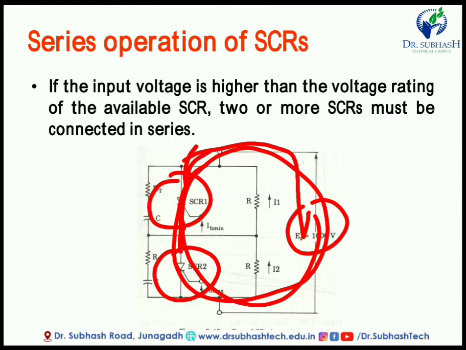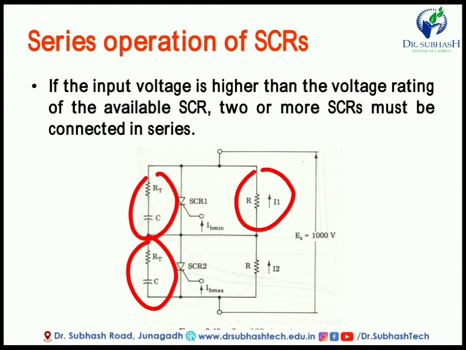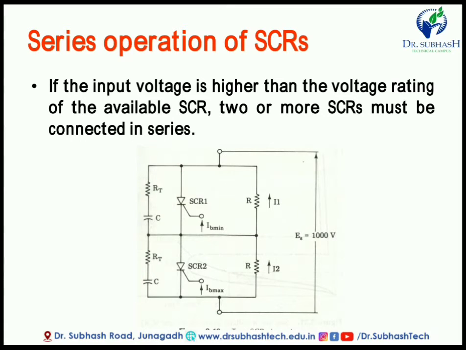The R, C network is a protection circuit, like a snubber circuit, required whenever the SCR switches on and off.